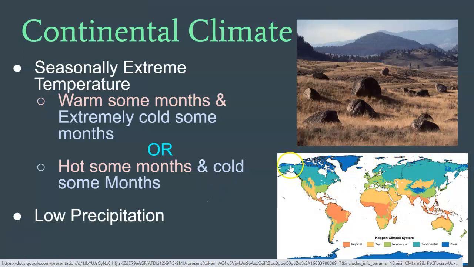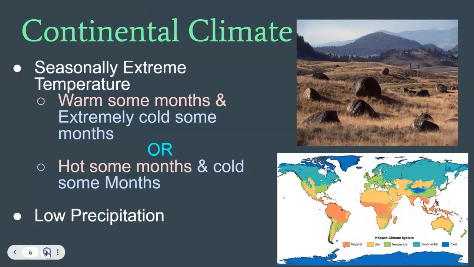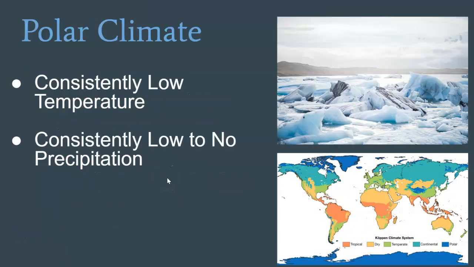And again, it's found a little bit more north, and then some is a little bit in the south here. The polar climate is consistently low temperatures and consistently low to no precipitation. So if you think of Antarctica and Greenland, kind of like an ice block is basically what that is.